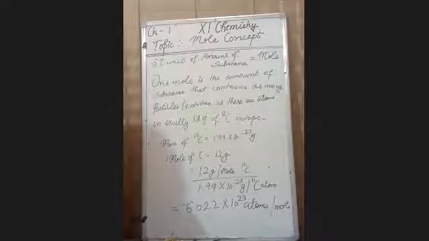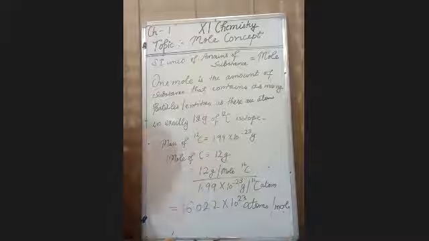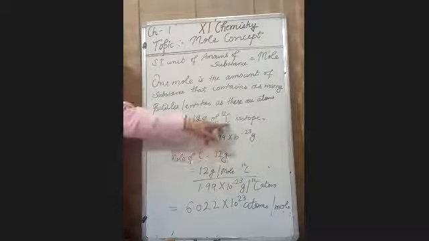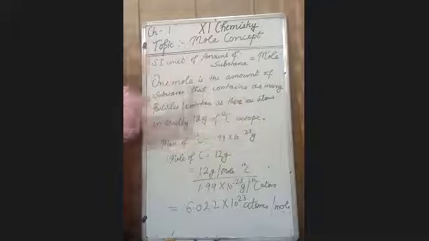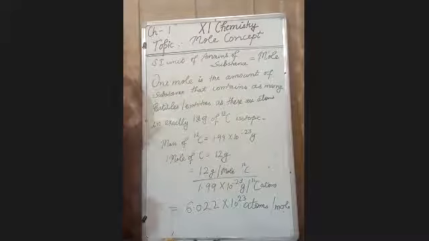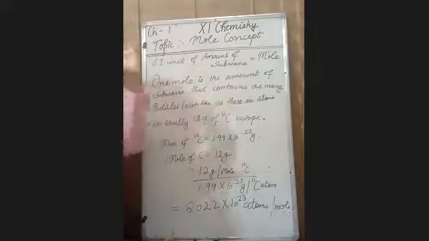Whenever we talk about particles in chemistry, it means either atoms, ions, or molecules. As there are atoms in exactly 12 gram of carbon-12 isotope. I will tell you the reason why carbon-12: because of its abundance, its intermediate reactivity, and its fewer other isotopes in nature.